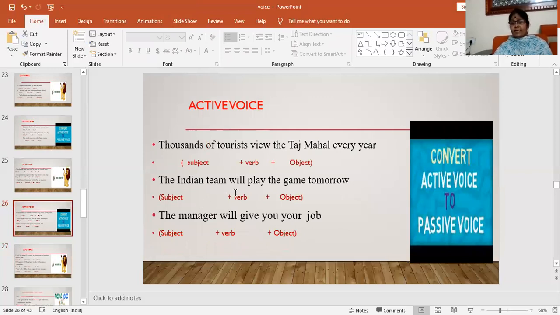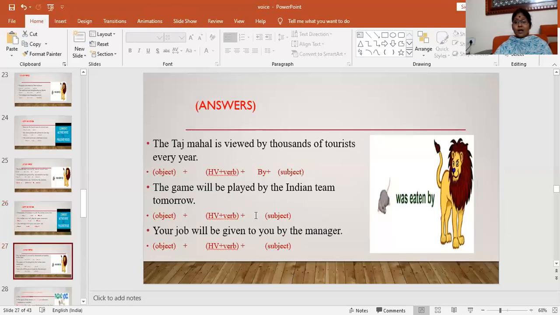The Indian team will play the game tomorrow. Which is the subject? The Indian team. Will play is your verb and the game is our object. Right? Now we have to change, reverse it. Object will come here, subject will go here. Make the changes with the verb, with your agent by. Now check your answer.